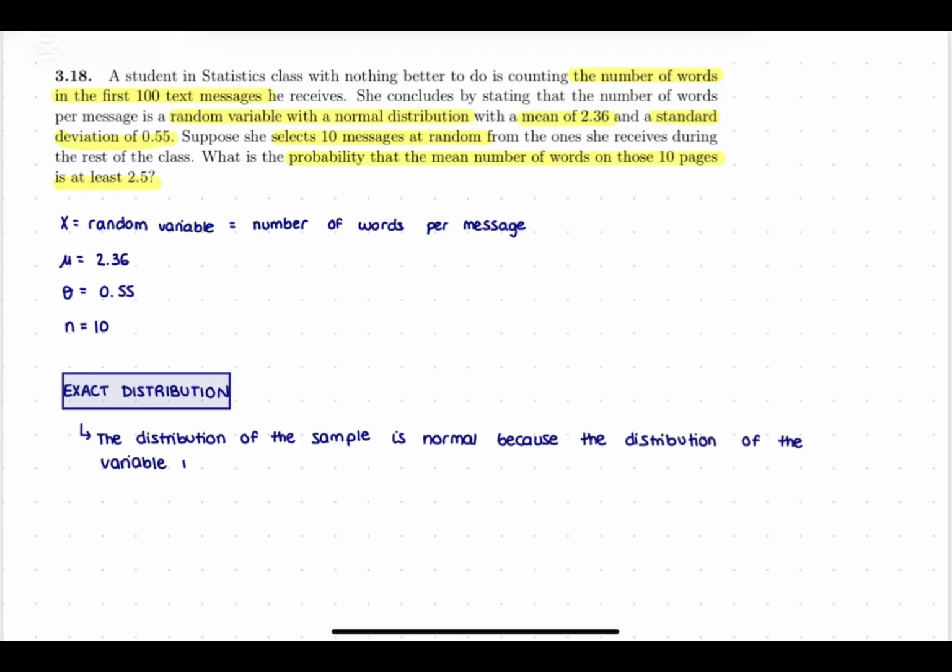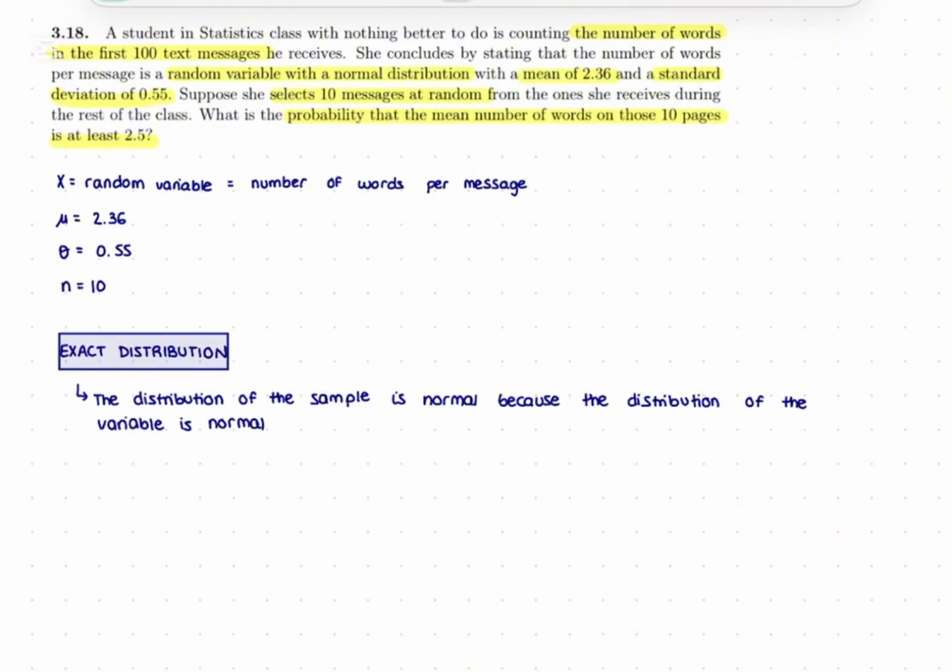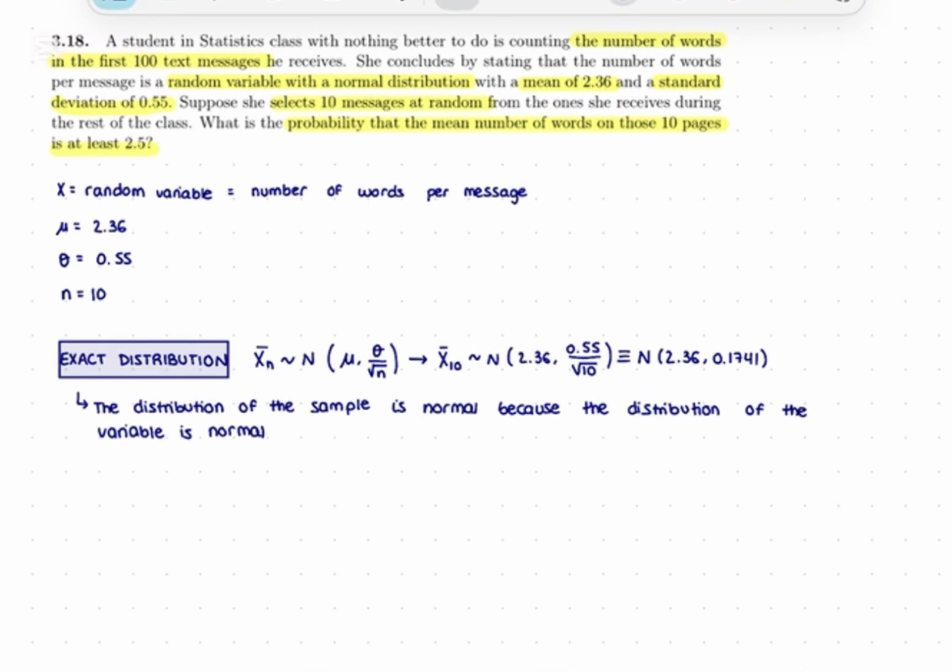So, by the exact method, the sample mean is distributed by a normal distribution with parameters mu and sigma divided by the square root of 10, which is a normal distribution with a mean of 2.36 and a standard deviation equal to 0.55, which is the one of the variable, divided by the square root of 10, which is the sample size.